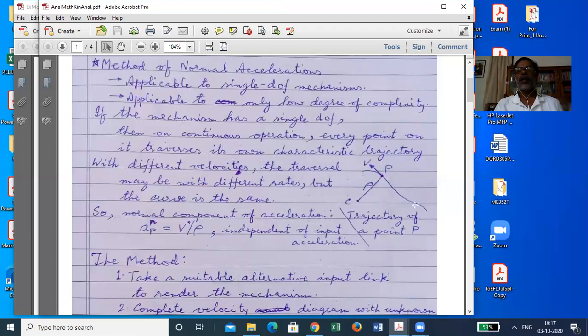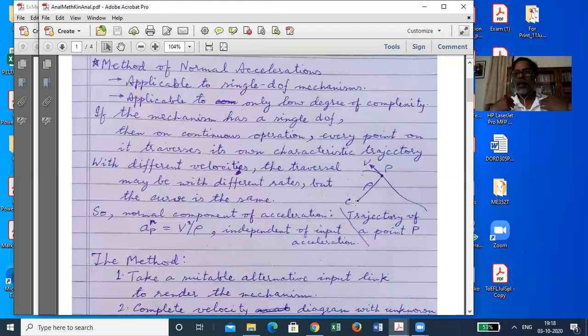So suppose this is the curve on which a particular point travels, and the configuration is known. That means at which point on this curve the point in question is currently sitting, that also is known, and the curve is known. So since the curve is known, at this point the radius of curvature is known.